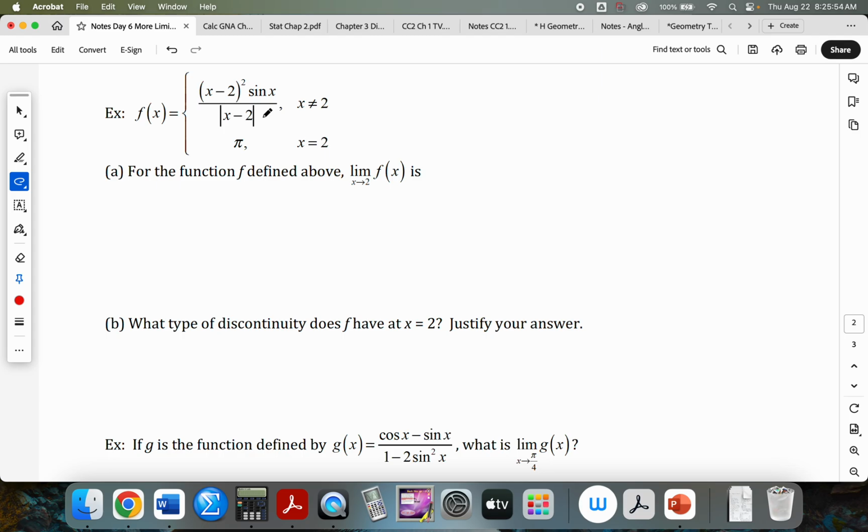Okay? So what we're going to need to do is, I would actually rewrite this entirely so that I didn't have to have the absolute value part.